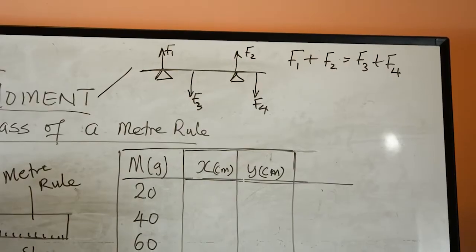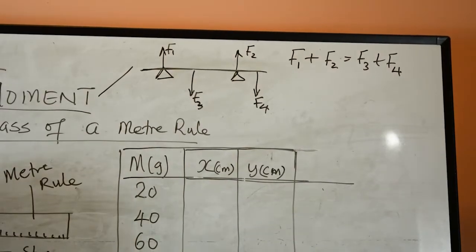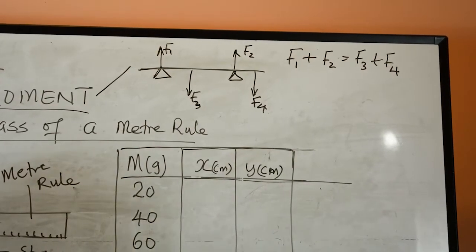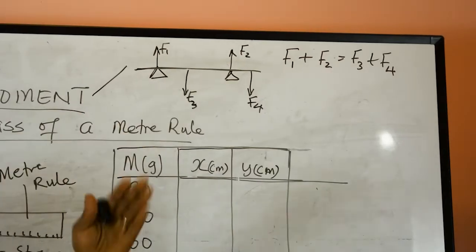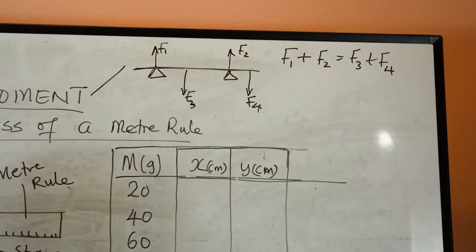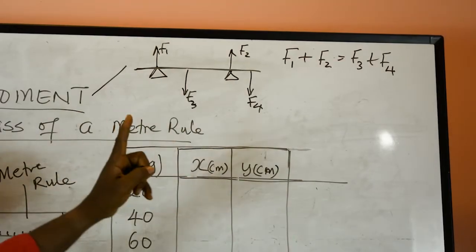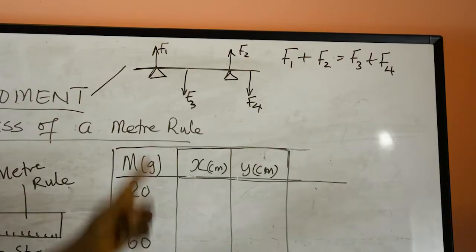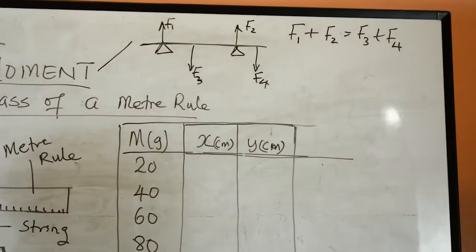That is one condition for equilibrium, for a system of coplanar forces. These are coplanar forces acting in the same plane. Co means the same plane, so it's coplanar forces. So for the object to maintain vertical equilibrium, the upward forces must balance the downward forces.